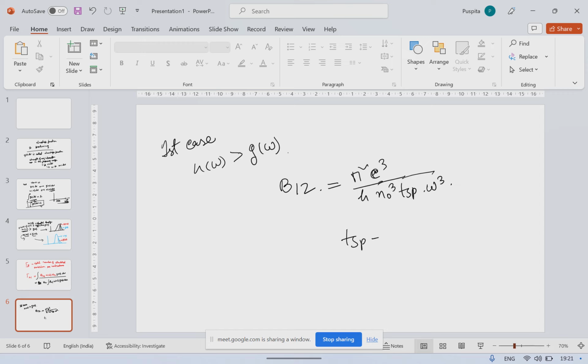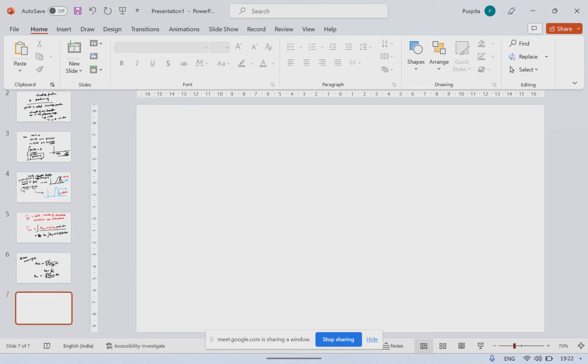And tsp is equal to 1 by A21. You must have known that from previous classes. That's why I've written tsp. Tsp is the time in which the population of level 2 reduces to 1/e of the previous population of level 2.